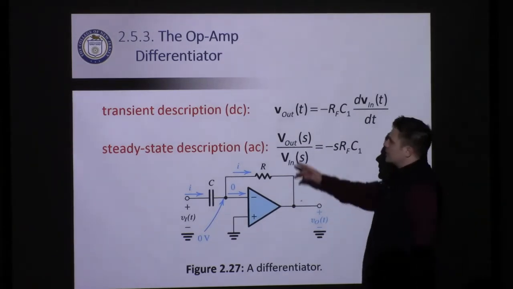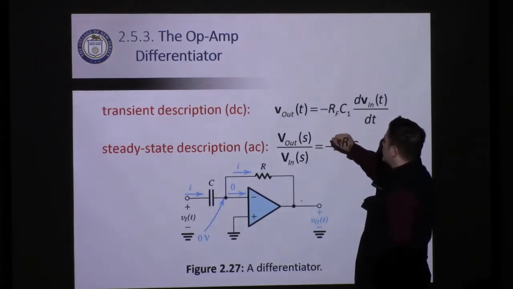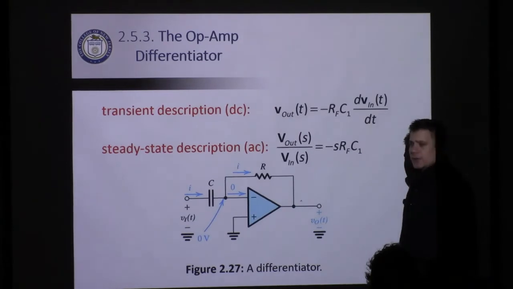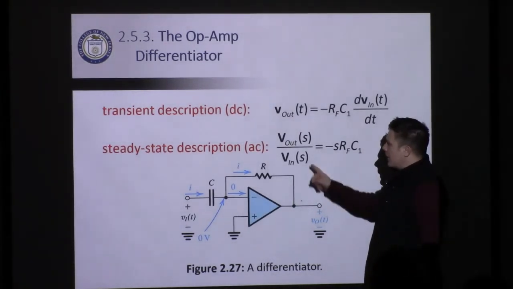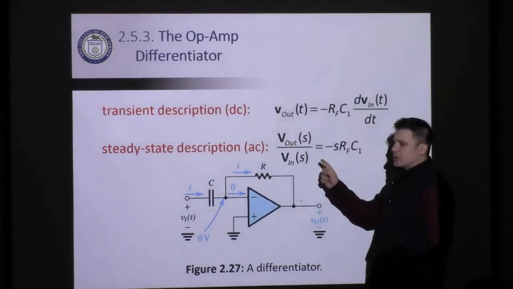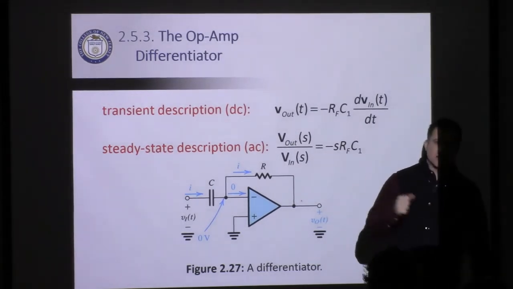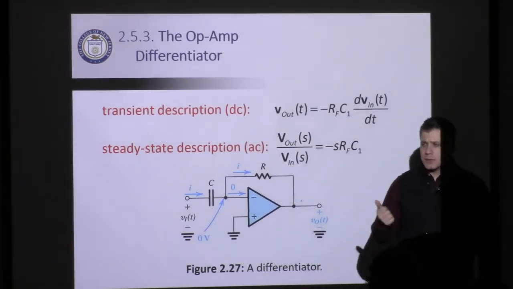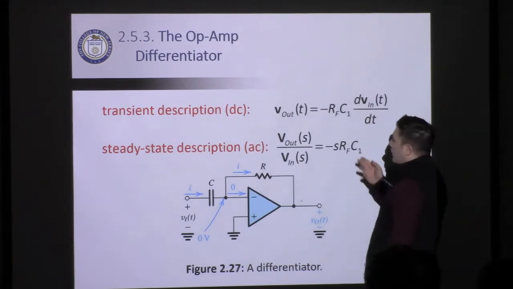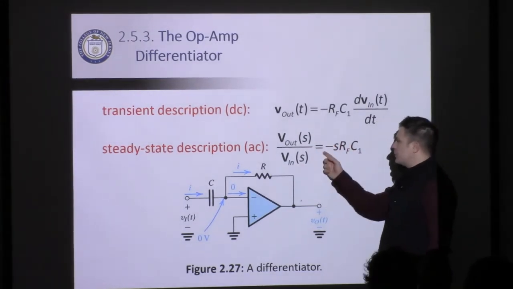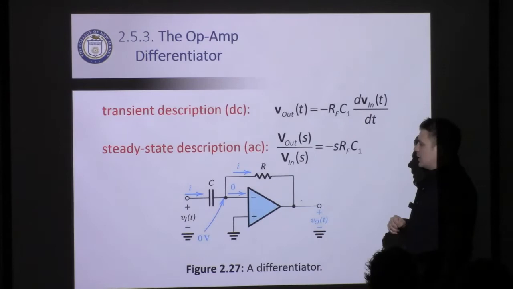So we have our transient description where the output is equal to a constant times the derivative of the input signal. And then we have a steady state AC description, which we will also call the transfer function, which we will also call the frequency response, where this is equal to negative j omega R_F C_1.